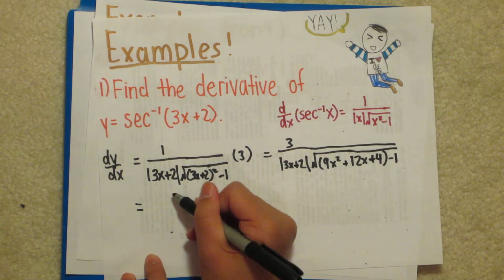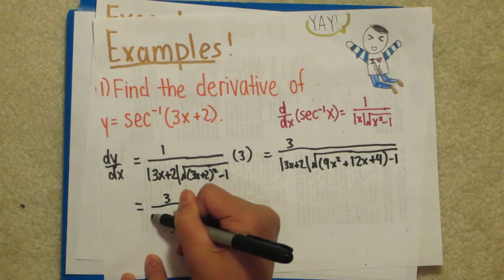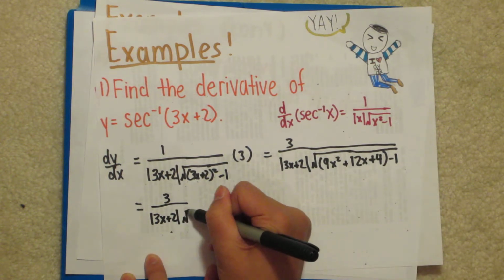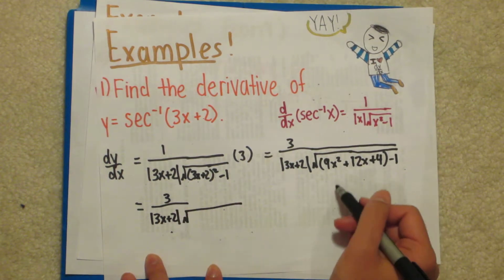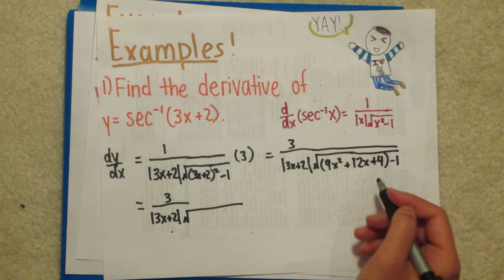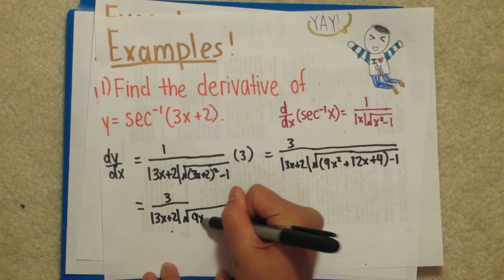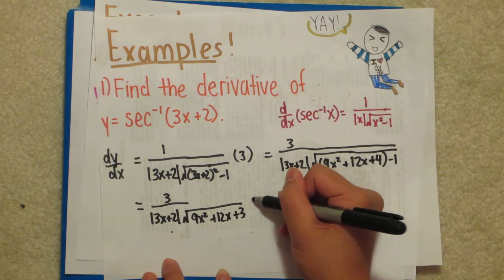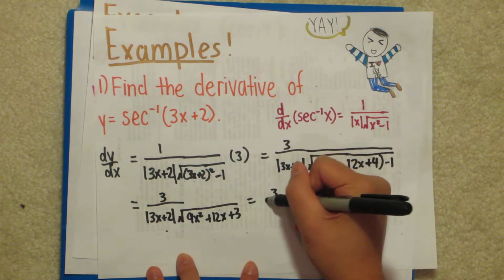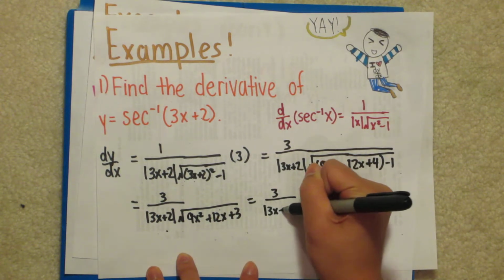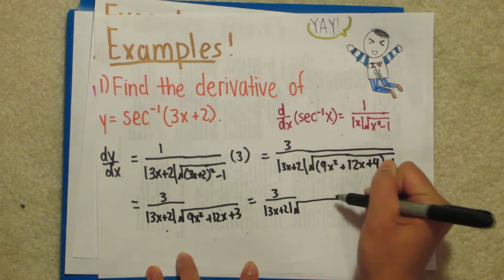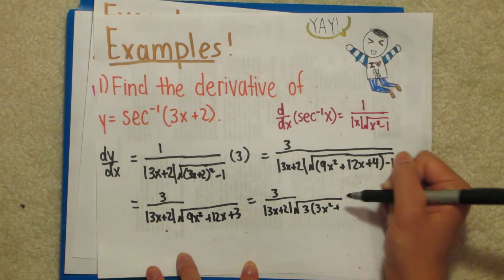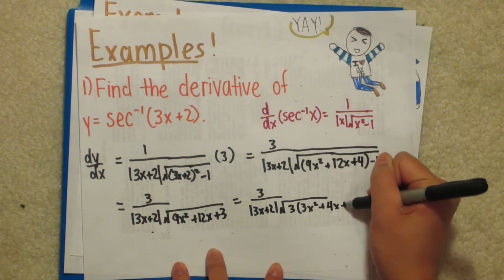And that would equal 3 over 3x plus 2 times this, which you can simplify to 9x squared plus 12x plus 3. Then you can factor out a 3 in there. So 3 times 3x squared plus 4x plus 1.